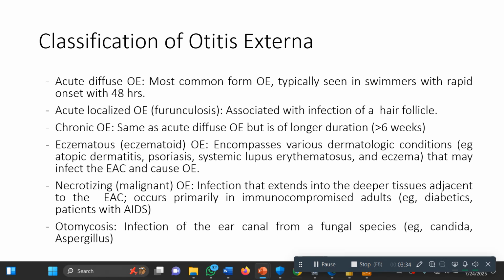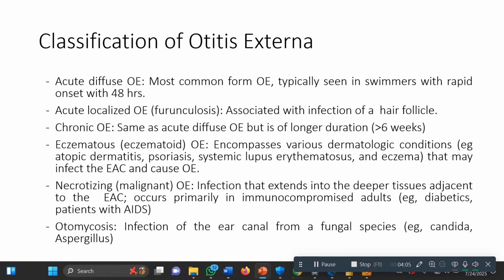Eczematous otitis externa encompasses various dermatologic conditions, for example atopic dermatitis, psoriasis, systemic lupus erythematosus, and eczema. Necrotizing otitis externa, also known as malignant otitis externa, is an infection that extends into the deeper tissues adjacent to the external auricular canal.